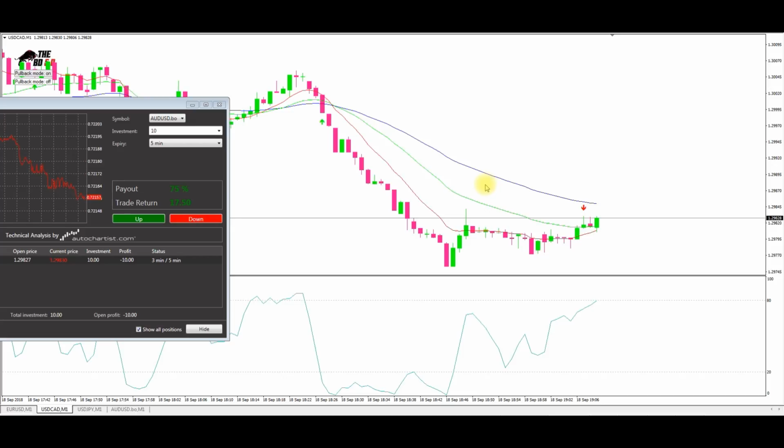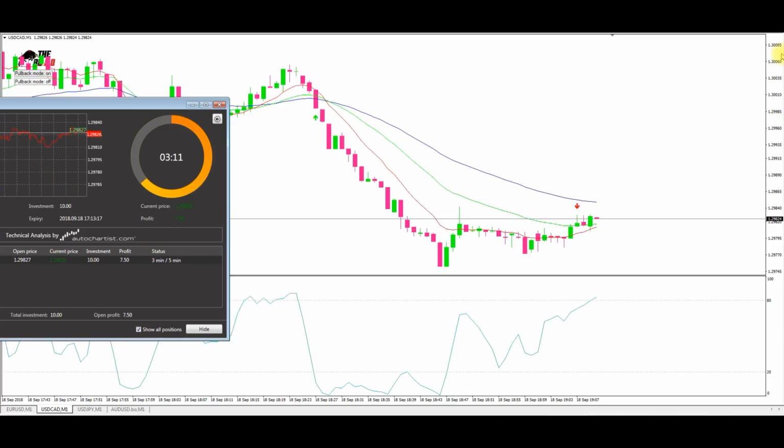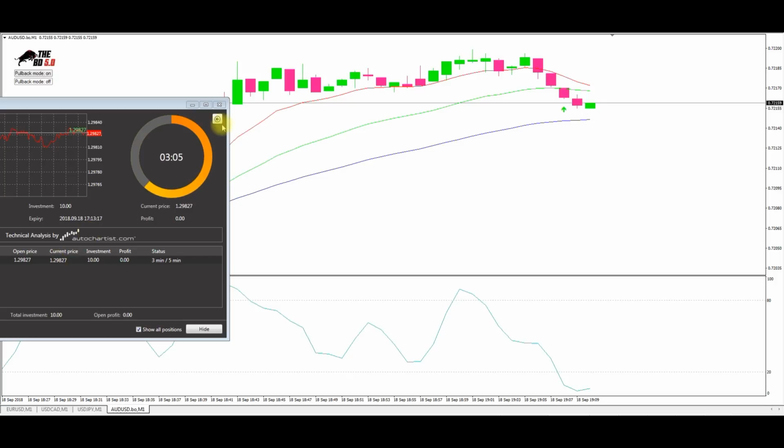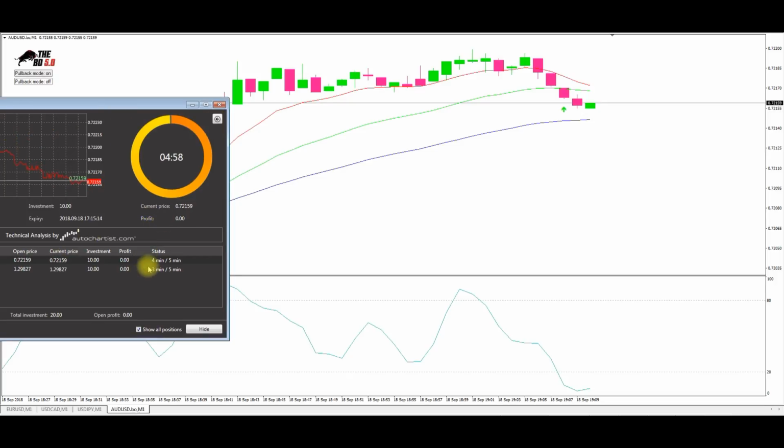USD CAD is out of the money. Now it's dropped back into the money. I might jump in this trade. Whatever, let's just jump in it. Worst comes to worst, I'll martingale it. So it doesn't really particularly matter.